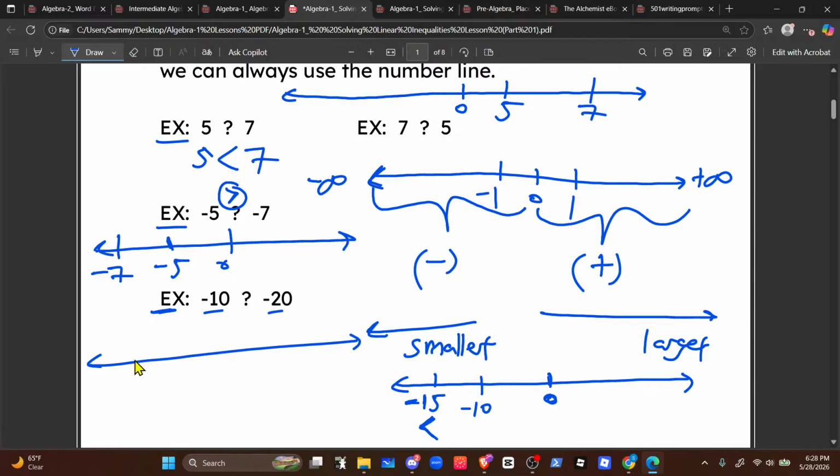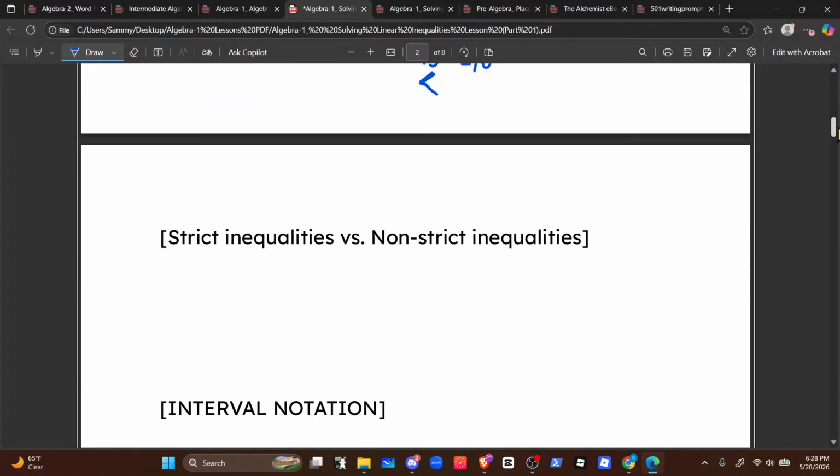So let's put -20 here and -10 here. Well, since -20 is to the left of -10, it's going to be less than -10. Or in other words, -10 is going to be greater than -20. Okay, so we would do that. And then 7 compared to 5. Well, 7 is obviously greater than 5, so we would have a greater than symbol.